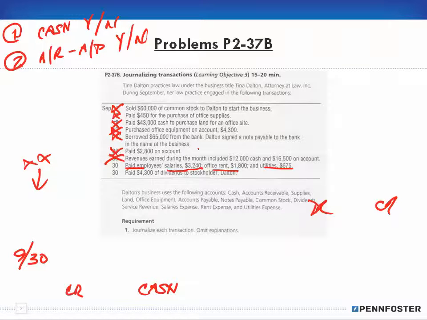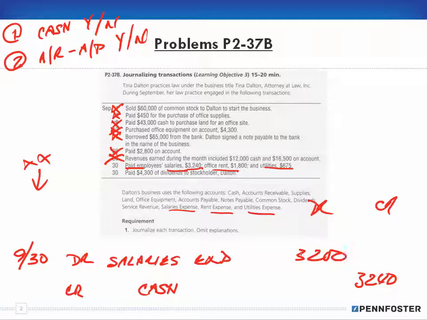for, in this case here, $3,240 for salaries. These are for the operation of the business. So I have salary expense, rent expense, utility expense. So I would debit salaries expense for $3,240. Okay, and that's one part of the transaction.